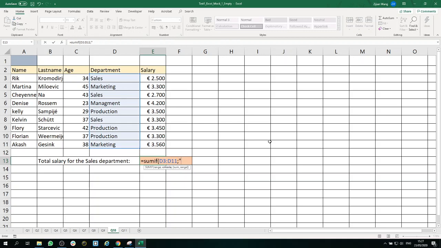And for the criteria, we are searching for sales. And for the sum range, where our numbers are from, is this one. Okay. That's it. Similar to question 9. And now we finish it. This is the answer again, only the formula, not the number.